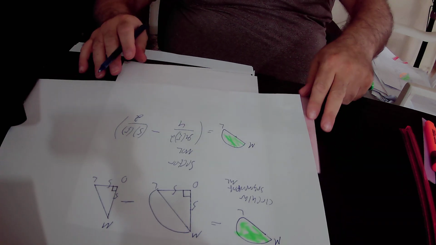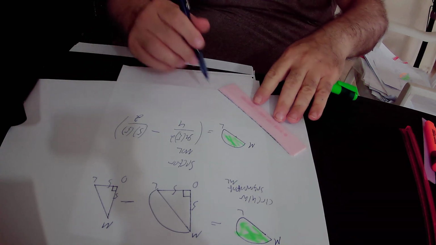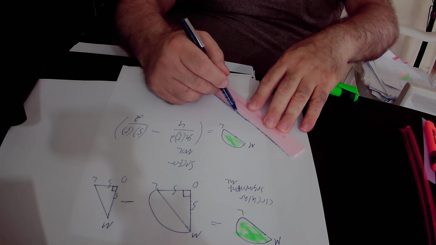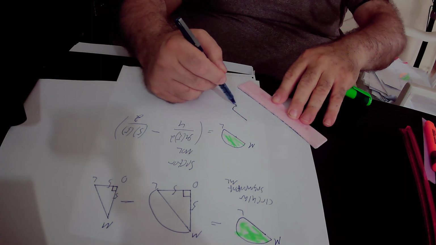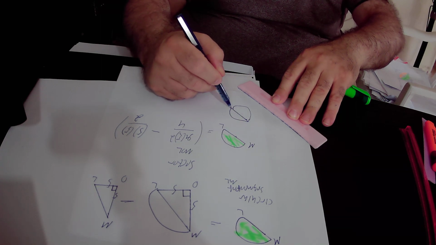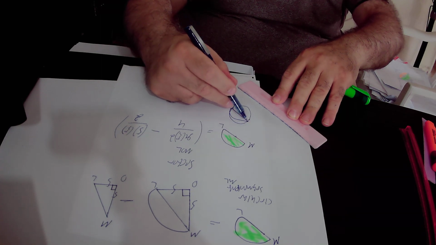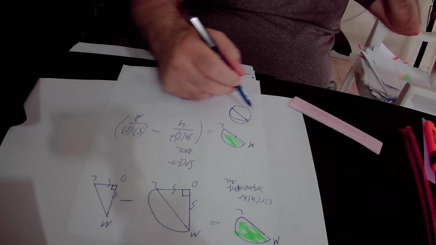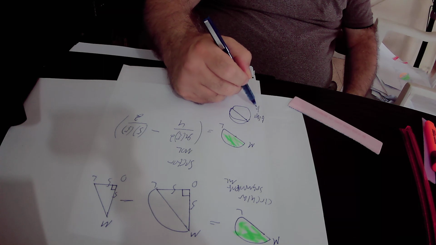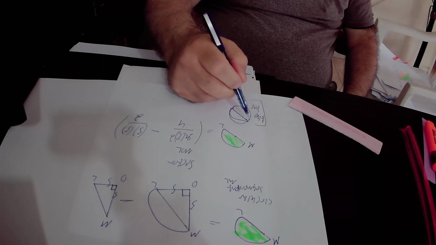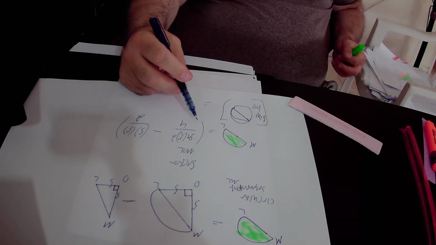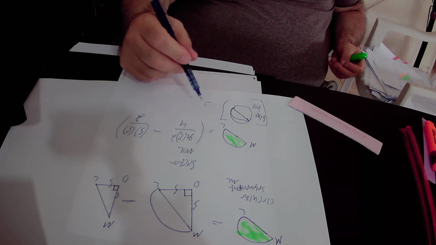So the area of the blue lens equals 2 times the area of circular segment ML.